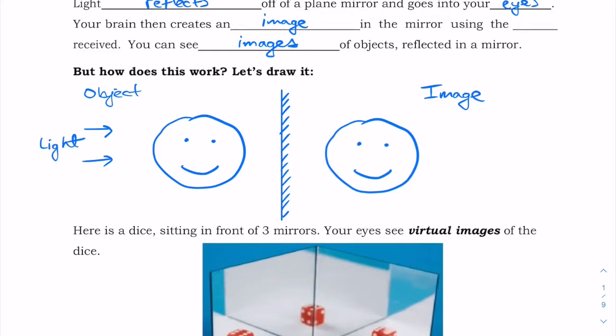Now for simplicity, we're going to look at two rays of light. So let's imagine that there's one ray of light coming from the top of your head. It leaves the top of your head like so. According to the law of reflection, when it hits the mirror, it's going to reflect off at the same angle that it came in at.